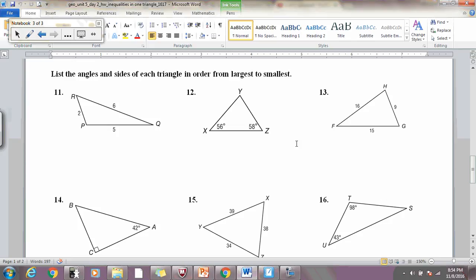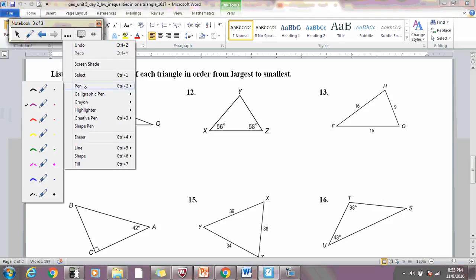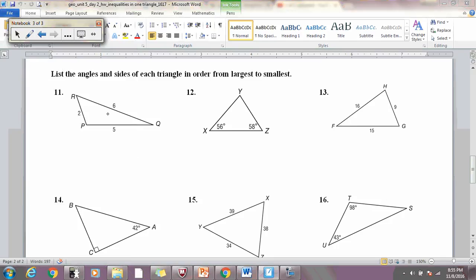Number 11 would like for us to list the angles and sides in order from largest to smallest. So I'm given the sides again. So the largest angle would be angle P because it's across from the largest side. Again, we're doing it from largest to smallest.